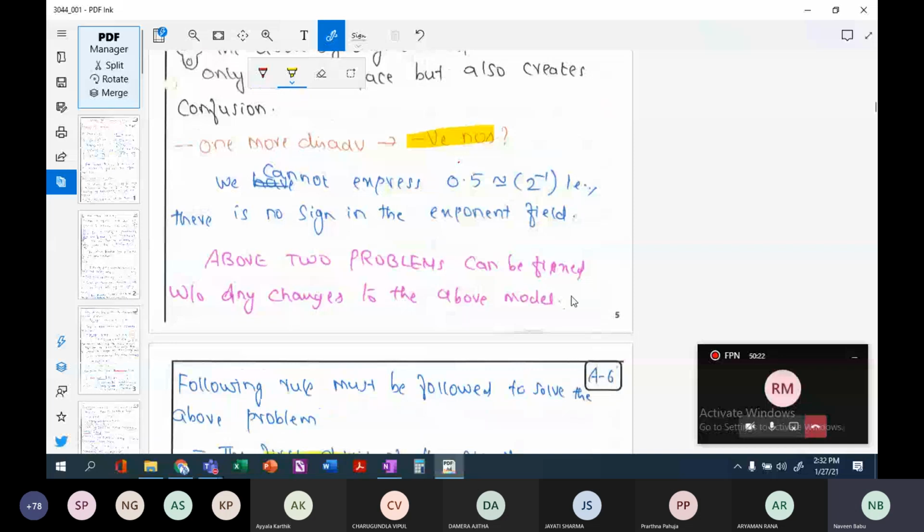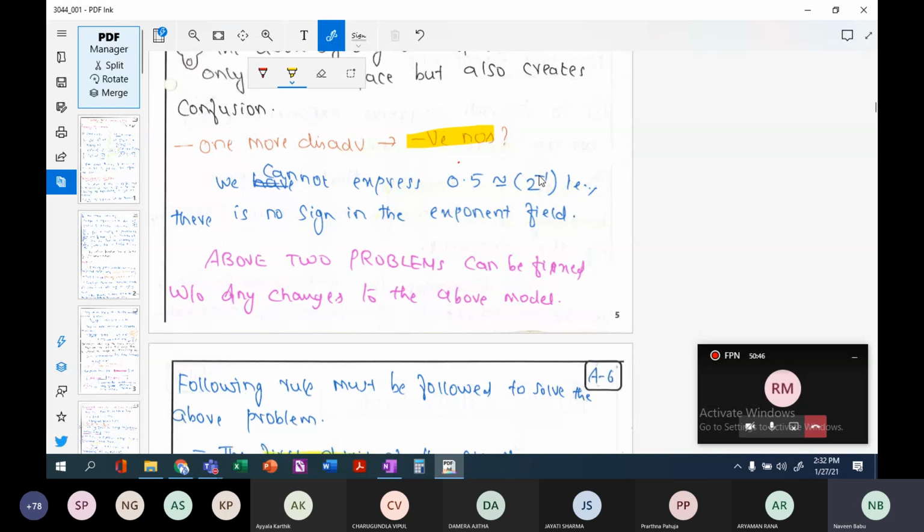So in order to avoid this, what we can do is create a slightly more standard format of representing floating point numbers. As I mentioned here, we cannot express 0.5. What is the one number which is close to 0.5 in powers of 2? It is 2 power minus 1.